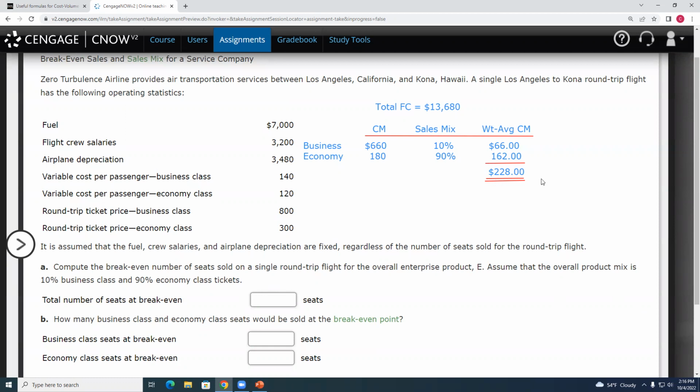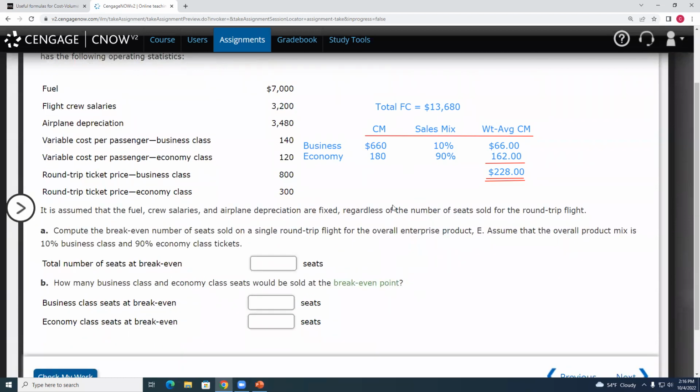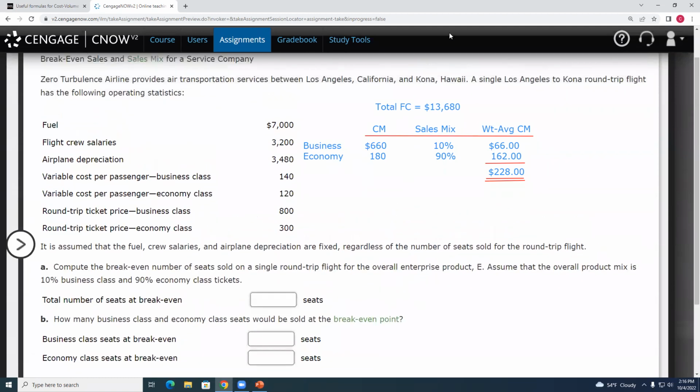So now that we have that weighted average contribution margin, we can calculate the total number of seats we would need to sell at break even by using that same formula that we have been using the past number of exercises. So break even units: we take the total fixed cost that we've already calculated and divide by that weighted average contribution margin.